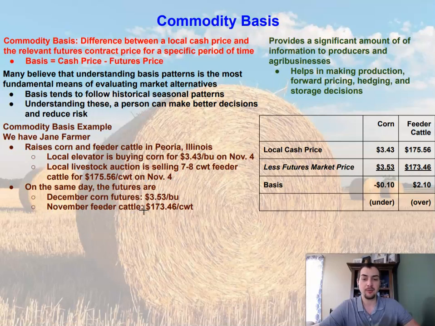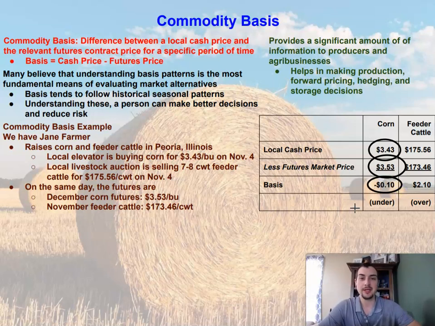And then the November feeder cattle futures are $173.46. We go ahead and calculate that out, put it on our little table, and take the local cash minus the futures price. We notice that the local basis, that commodity basis, is negative 10 cents.